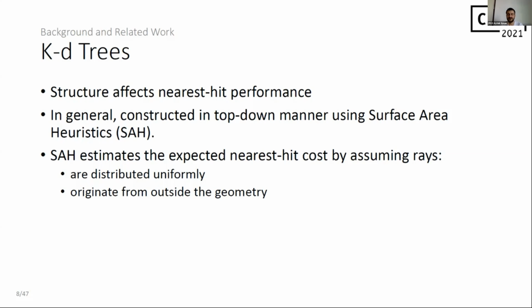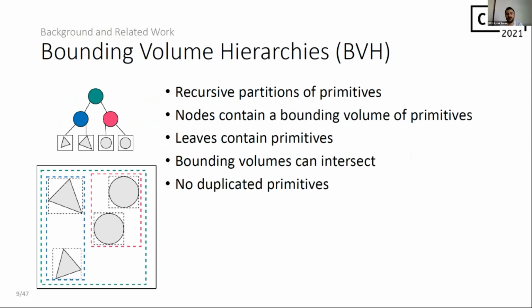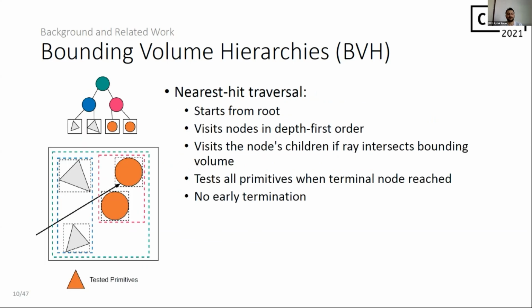In bounding volume hierarchies, which are actually very popular at the moment, we have a recursive partitioning of the primitives, and the nodes themselves contain a bounding volume of primitives. In the leaves, we actually store the primitives, and the bounding volumes can intersect, but we generally don't allow duplicated primitives in BVHs.